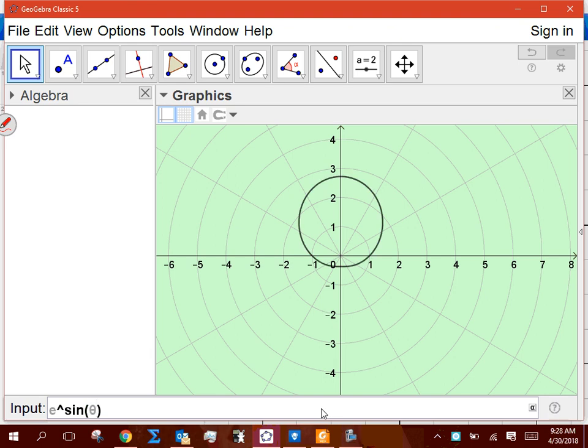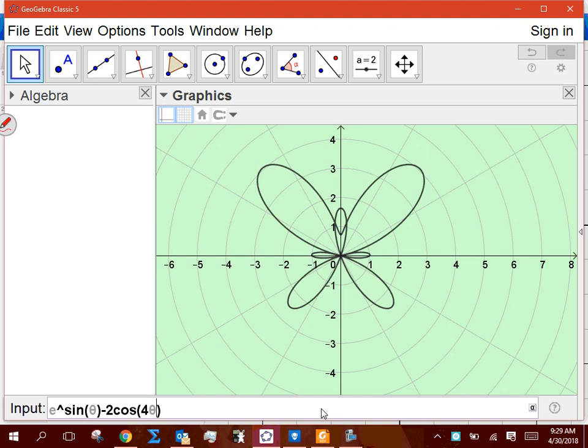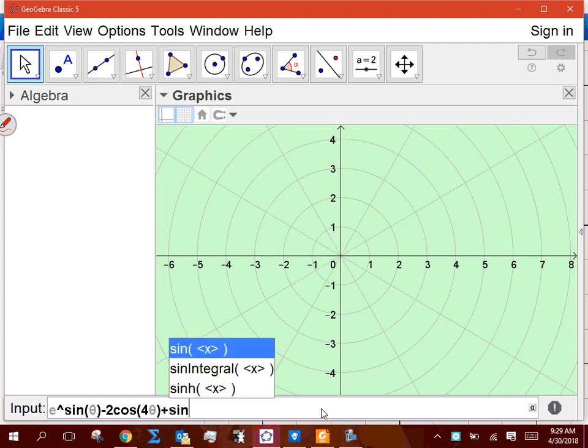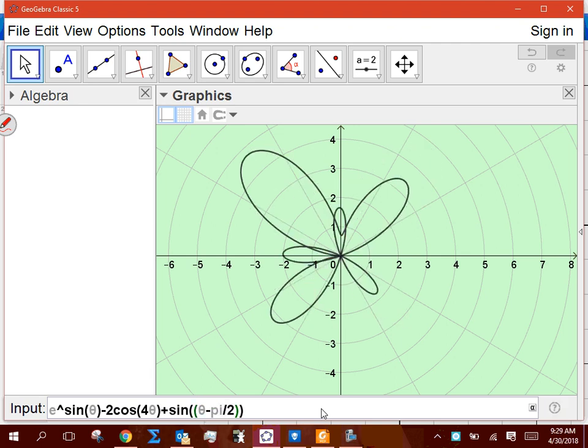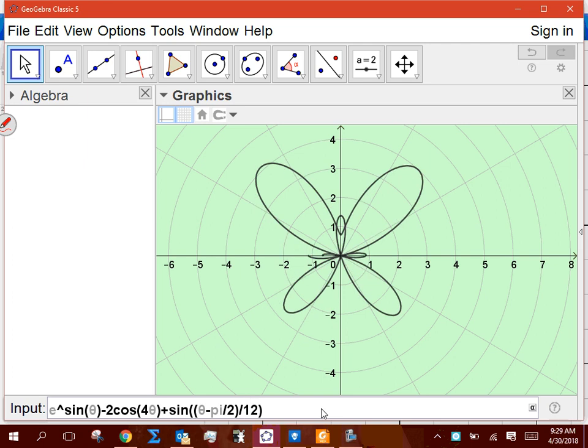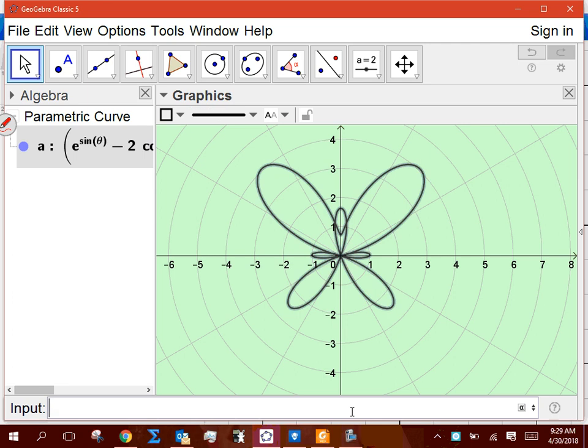It gives me that, but now I'm going to subtract from that 2 cosine of 4 theta plus sine of theta minus pi over 2. I'm going to divide that by 12. I'm going to raise that to the 5th power. And get your butterfly, right?